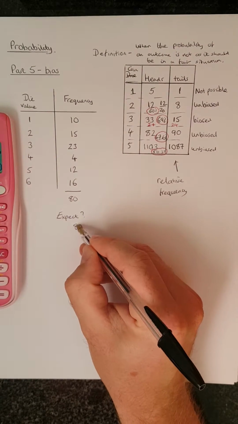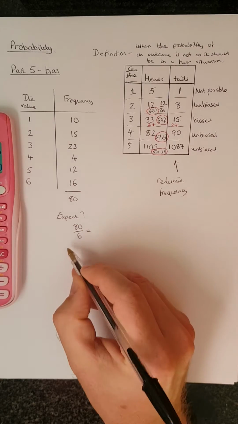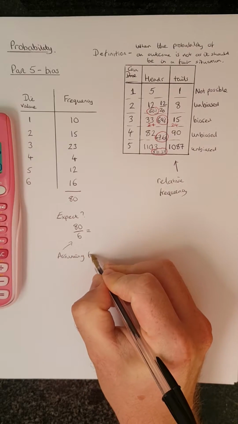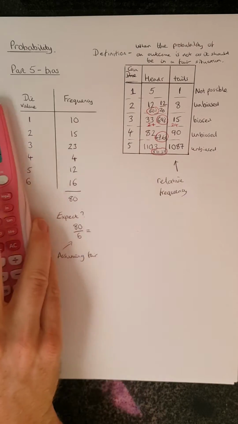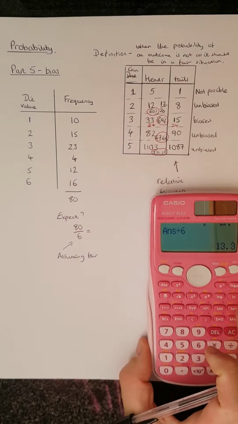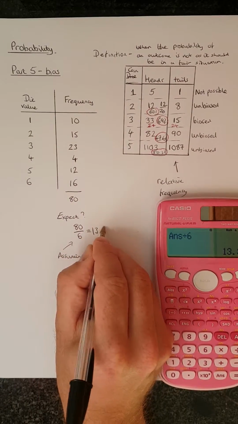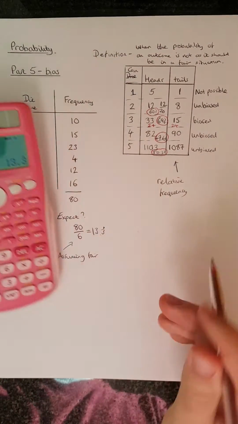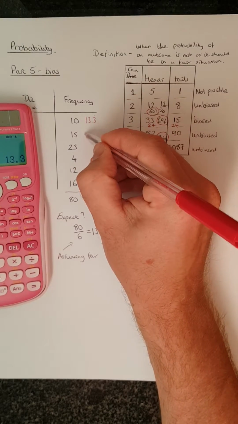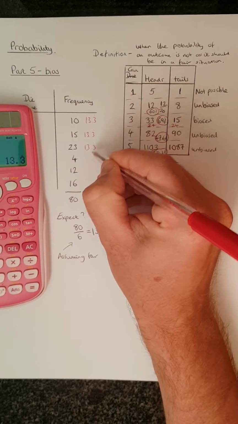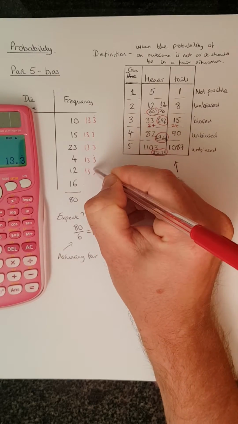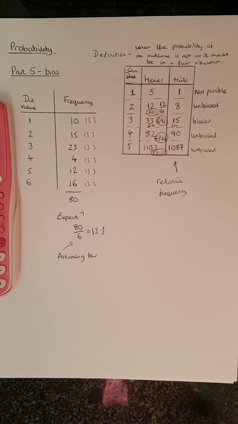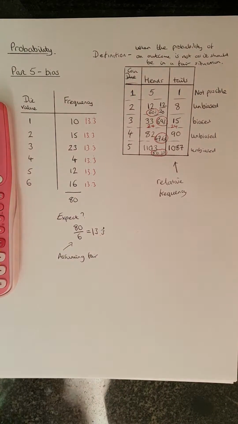Well, 80 divided evenly between 6, which is assuming it's fair, is 13.3 recurring. So I should have got 13.3, 13.3, 13.3. Pause again now to try and work out how you would write up your case here with your decision.